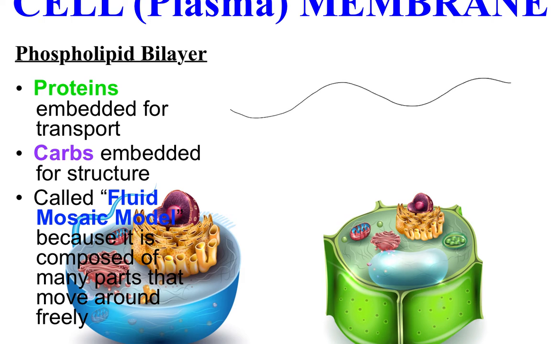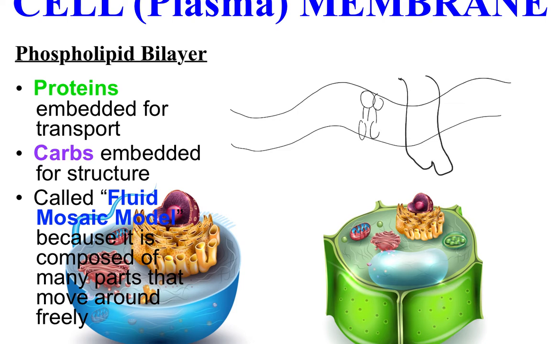If you think about it, it's almost like rolling on a waterbed type of thing, because it has these phospholipids, but then there's also protein channels that are embedded into it so that certain things can get inside of the cell, and also carbohydrates and cholesterols embedded in it, making it not quite as waterbed-like, but a little bit more rigid.